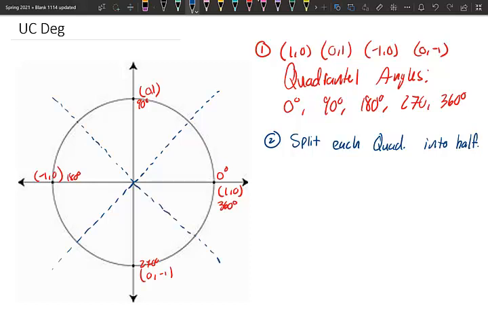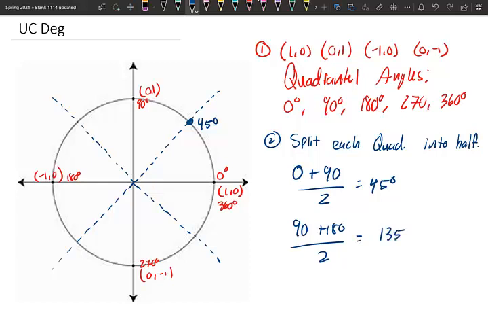Now we need to find the halfway between each quadrant. So halfway between 0 and 90, we get 45 degrees. Halfway between 90 and 180, we get 135 degrees.